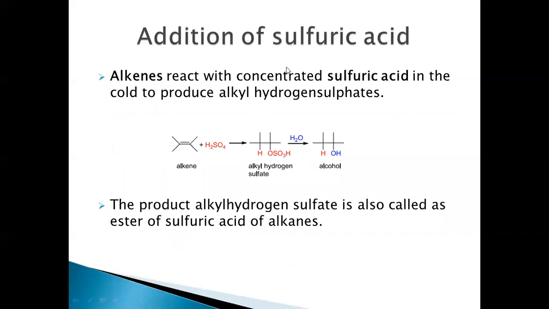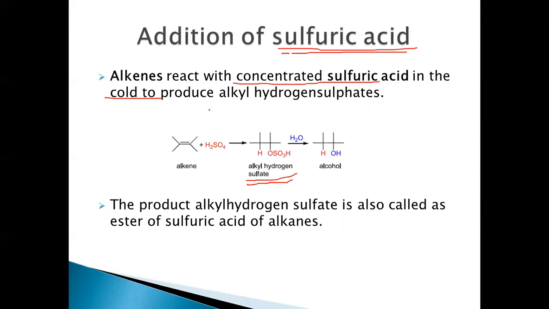Now, next one is addition of sulfuric acid to alkenes. Again, here also it's an electrophilic addition. The reaction will take place in the presence of cold concentrated sulfuric acid. This is important here. It results in the formation of an alkyl hydrogen sulfate.